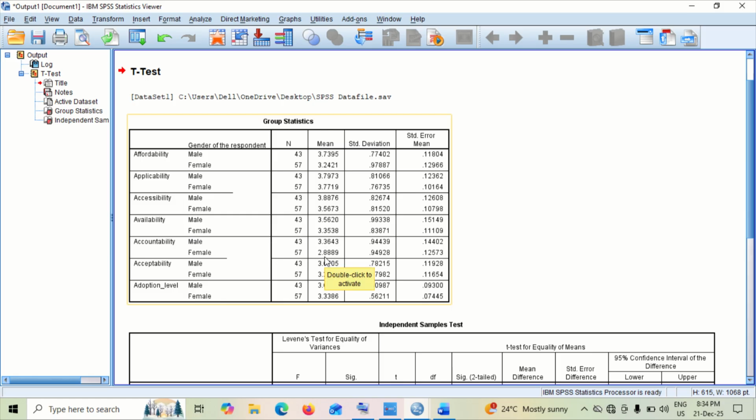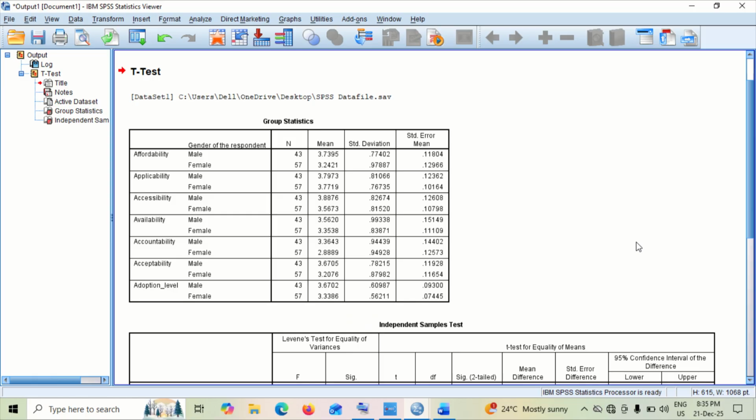Therefore, there exists a significant difference in the mean score of accountability between male and female. In the case of acceptability, there exists a significant difference in the mean score, which male have 3.67, female have 3.20. And in the overall adoption level, there is a significant difference in the overall adoption level of ICT between male and female respondents with a mean score of 3.67 and 3.33 respectively.